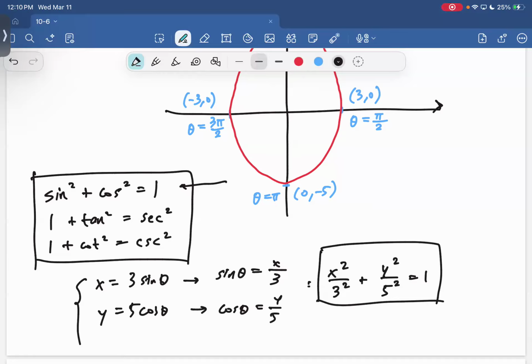Yes. I tried to do that too, but I was like, no, not doing that. And then like cosine.